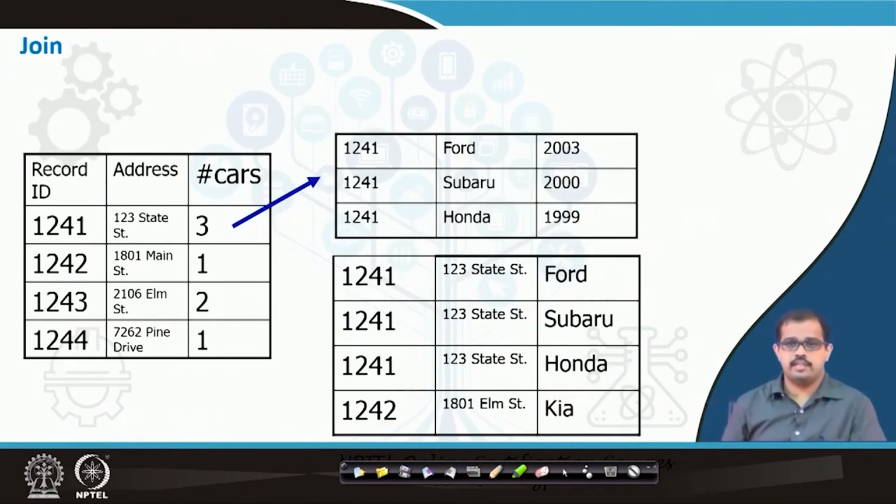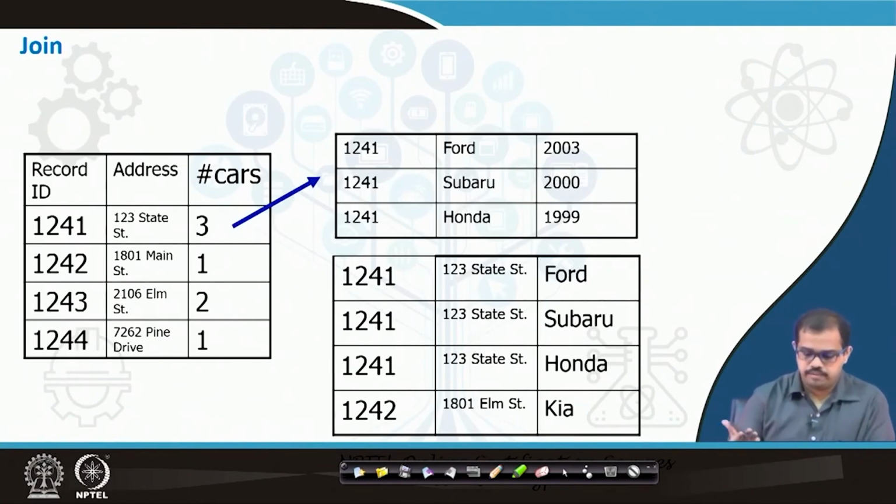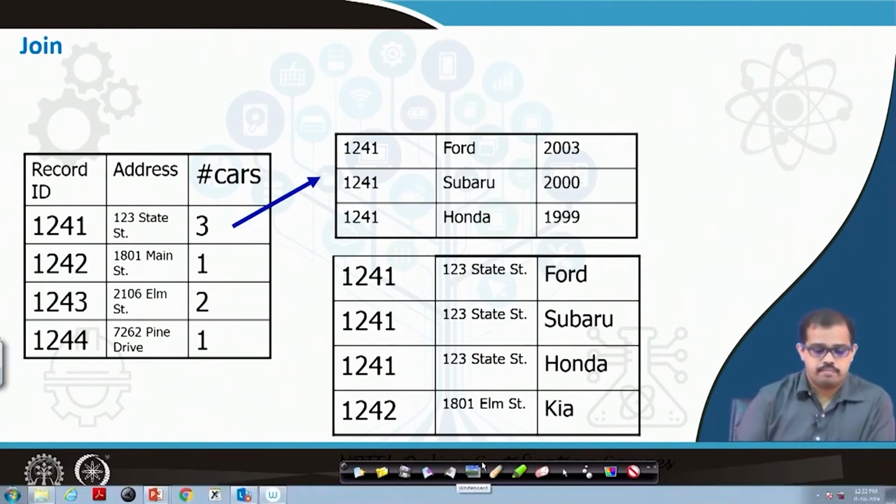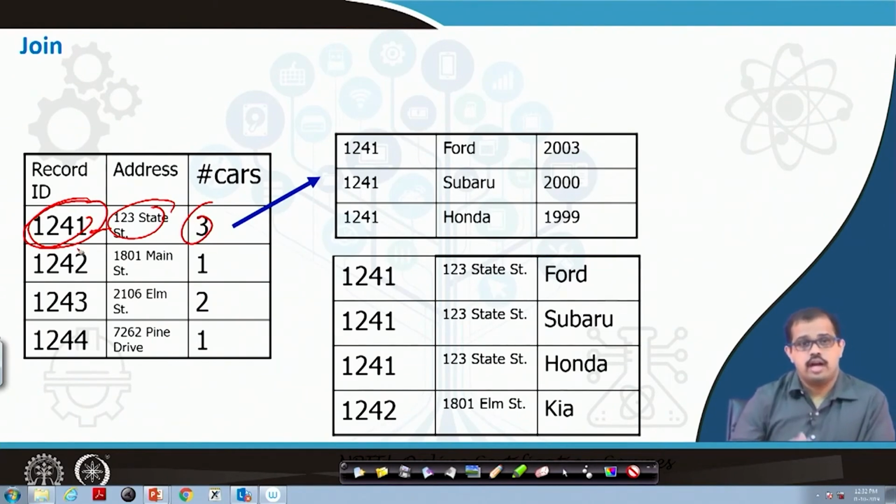Let me give another example here. Now I have different addresses of different people. For example, I have a record number here, 1241. Then I have an address corresponding to this record number, and there are different cars. A person with record 1241 has 3 cars. A person with record 1242 has 1 car.